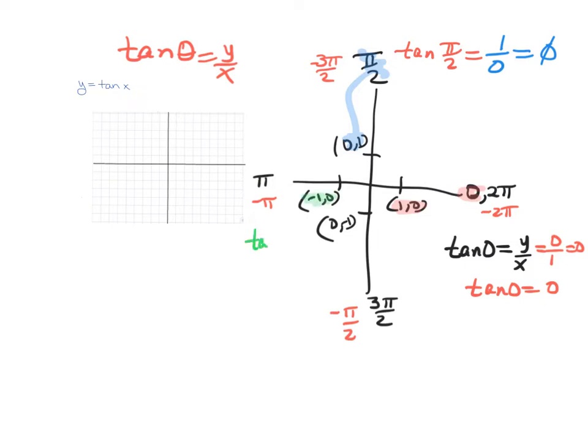So tangent of pi, again y over x, 0 over negative 1, and that one also gives me 0. If I did tangent of 3 pi over 2, this one's going to use this order pair up here. And again, this is 1 over 0, and it's also undefined.